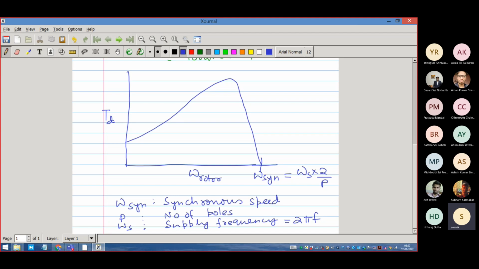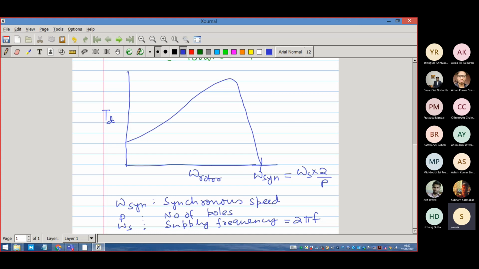So this is the characteristic when your supply to the machine is at the rated supply frequency. But with electronic means, you have seen that we can shift the characteristics.